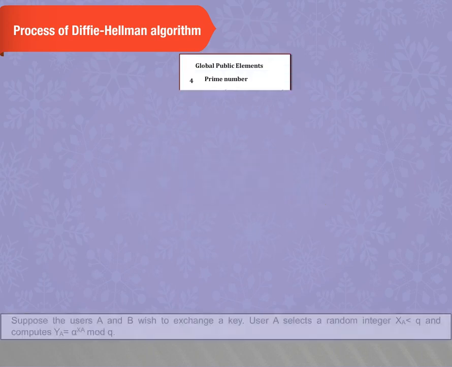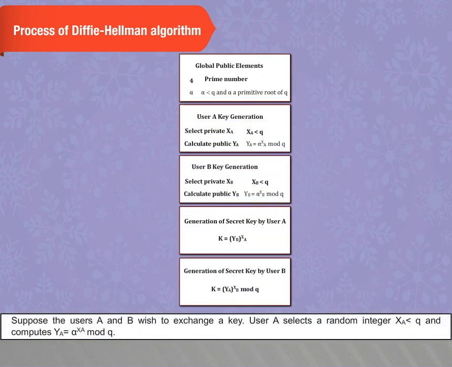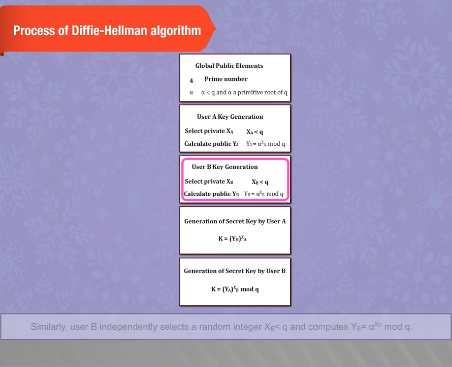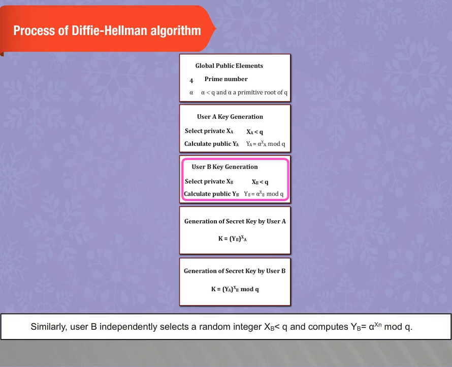Suppose the users A and B wish to exchange a key. User A selects a random integer xa less than q and computes ya is equal to a to the power xa mod q. Similarly, user B independently selects a random integer xb less than q and computes yb is equal to a to the power xb mod q.